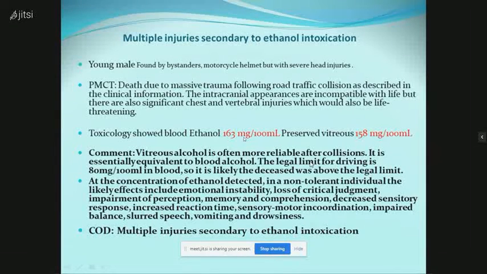Just an example of multiple injuries. A person died in a car crash, or a person on a bicycle was hit by a car driver. We look at the toxicology on this, and we look at the level of ethanol and other drugs, and we found that the person had a high level of ethanol in the blood.